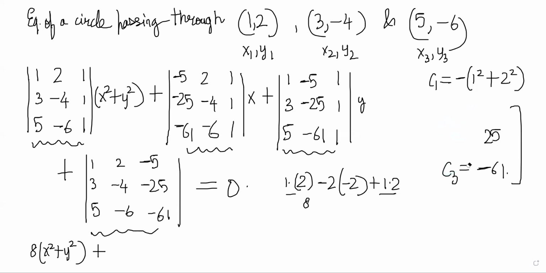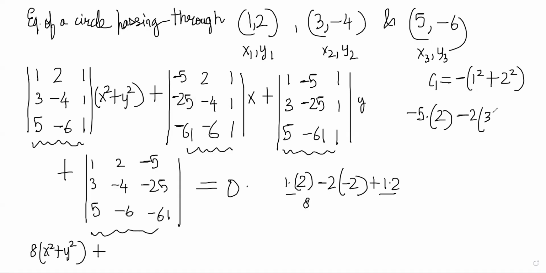So the second determinant would be minus 5 times minus 4 minus minus 6. So plus 2 minus 2 times minus 25 minus minus 61. So 61 minus 25 is 36 and plus 1 times 150 minus minus minus. So negative 244, right?